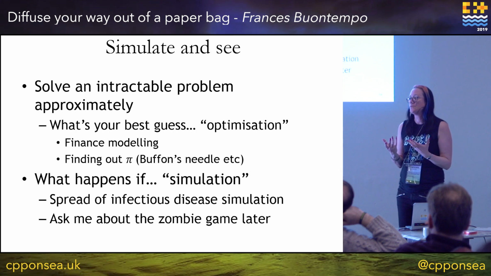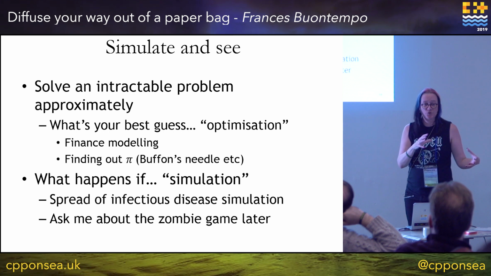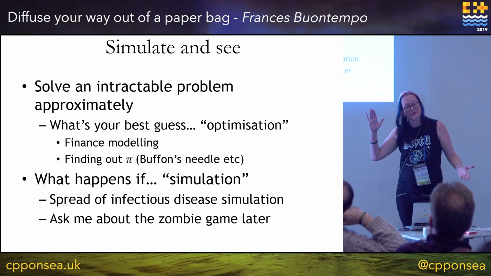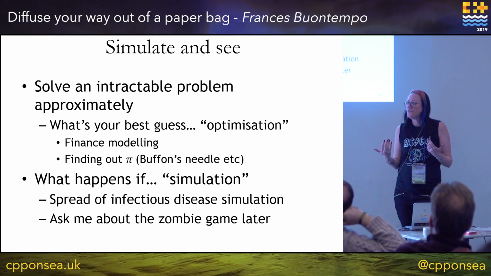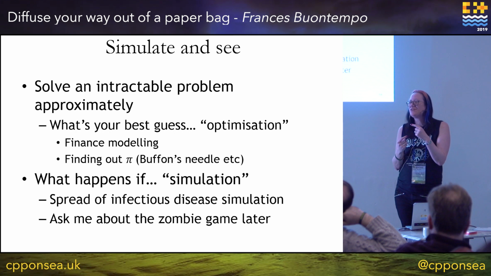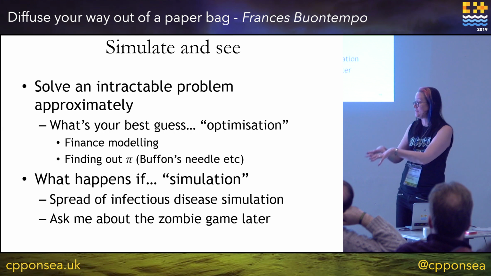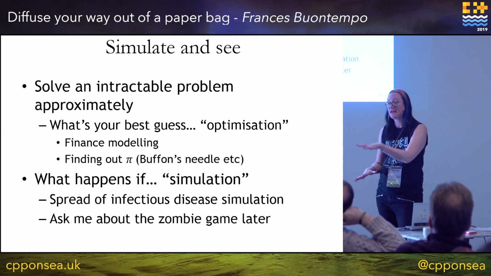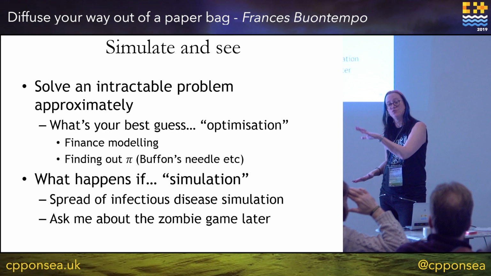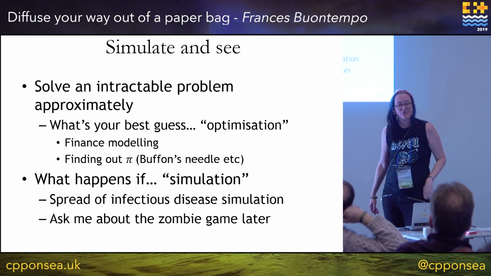Another thing you can do with Monte Carlo simulations is change the squiggle or change the model you're using. Say, what happens if I make this bigger or smaller? If you look at the spread of infectious diseases, for example, malaria, if you guesstimate how much you change the probability of the disease being passed on by introducing, say, mosquito nets into one area, you can work out the best ways to try and reduce things spreading just by twiddling some parameters, if you've got a good model.